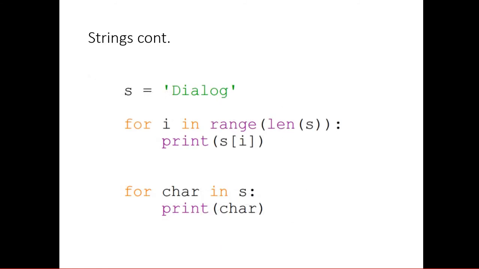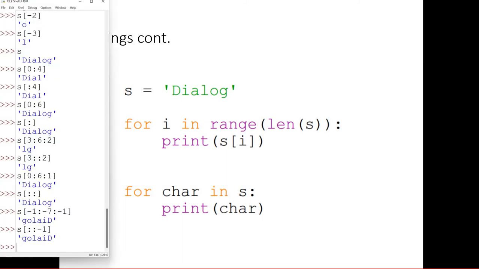Right. Like in the previous case, we can use a for loop as well. But the simplest one would be, we can say for char in S. That means whatever is inside S, we get the pieces.